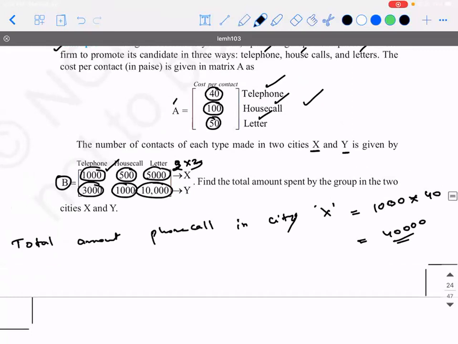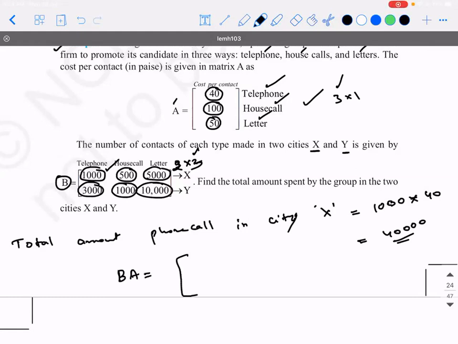And this one has 3 rows and 1 column. So will you multiply A with B or B with A? Columns in the first matrix should be equal to the number of rows in the second matrix. So columns in the first matrix is 3, rows in the second matrix is 3. So you have to only perform the operation B into A.